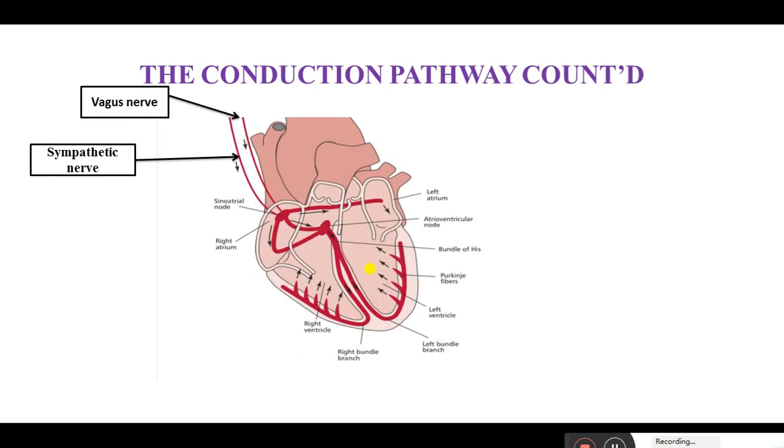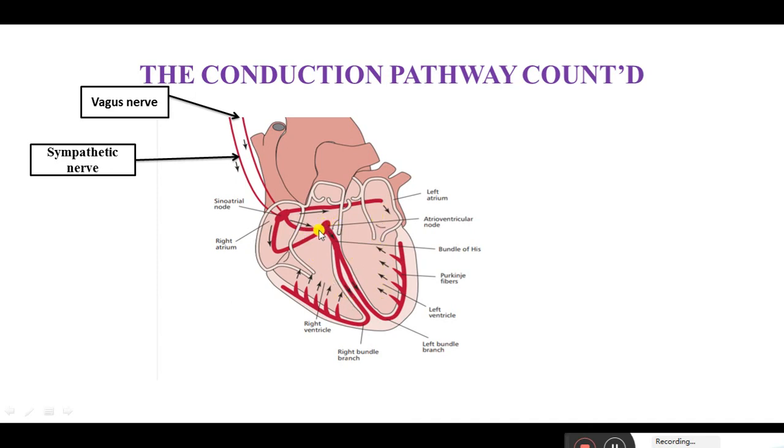So let's take a look at this diagram here and see how this ventricular contraction occurs. As we talked about earlier, the sinoatrial node creates the impulse. The impulse moves across the atria to generate the atrial contraction. The atria contract, and blood passes from the atria to the ventricles.